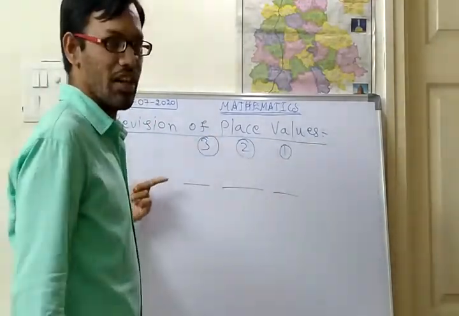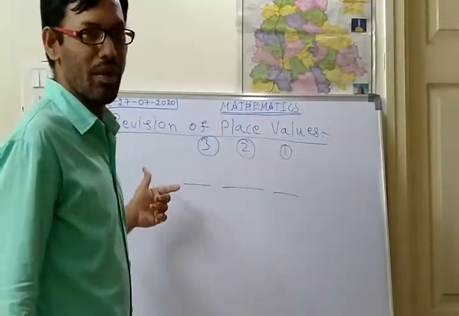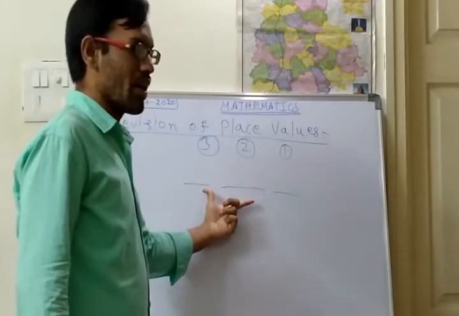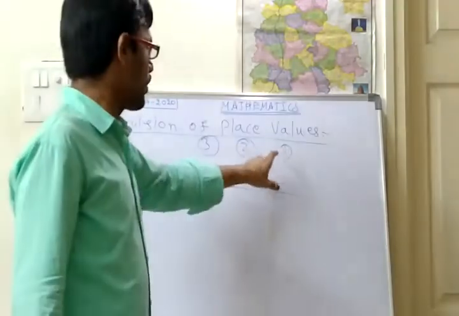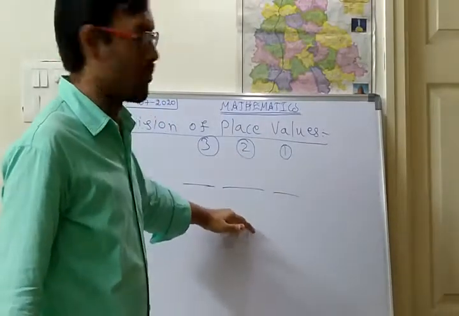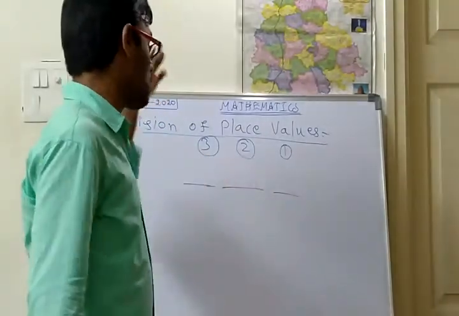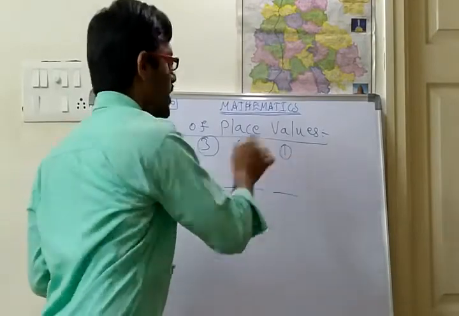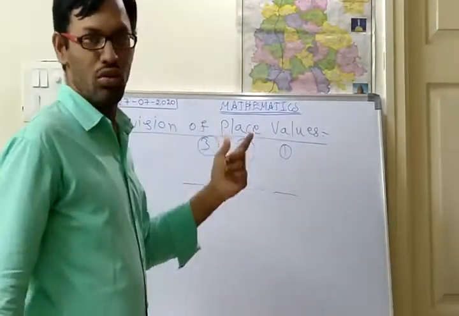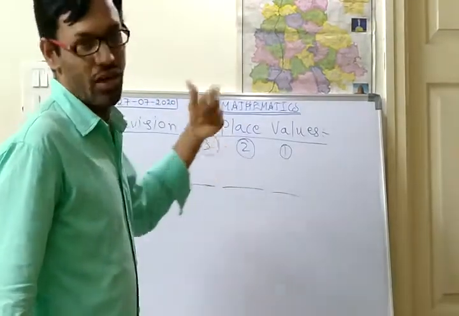For a 5 digit number, 5 places, like that it will be. So for every number there will be some places, and we need to know what the places are. Already you have known about this in your previous classes.